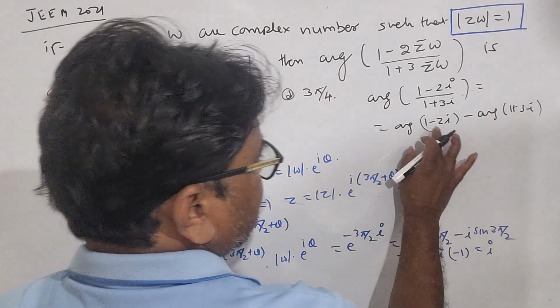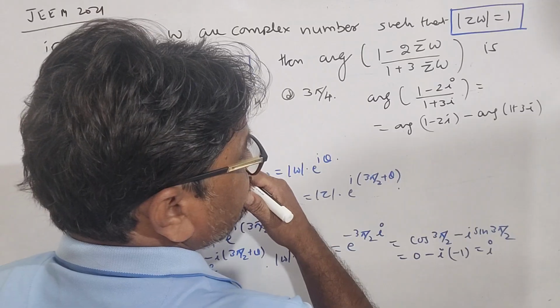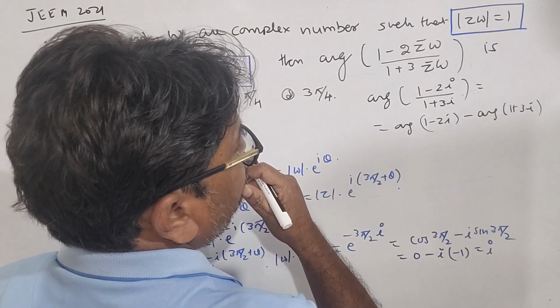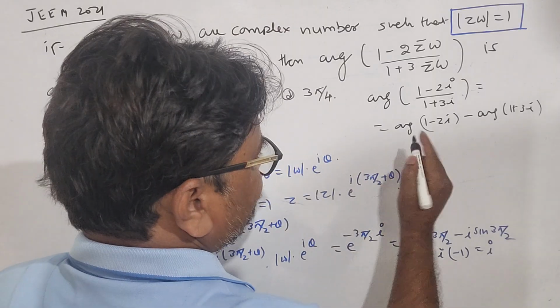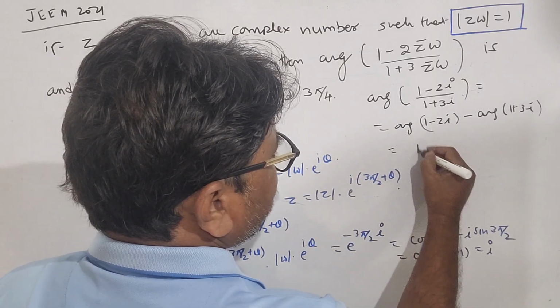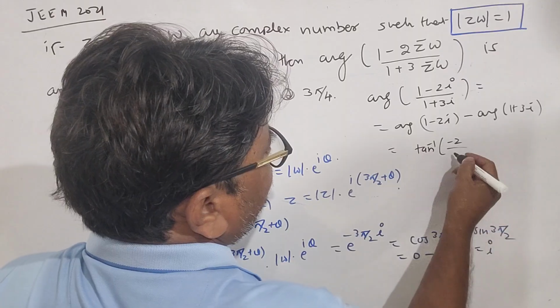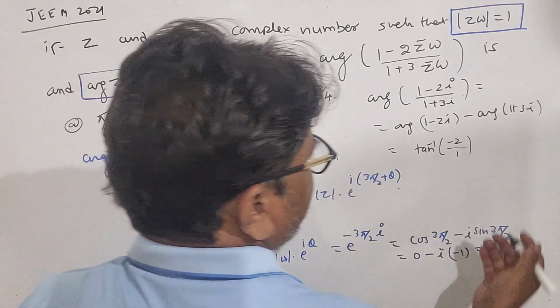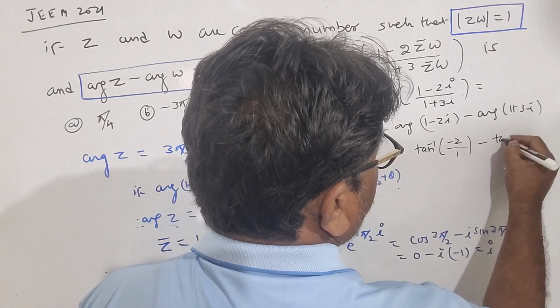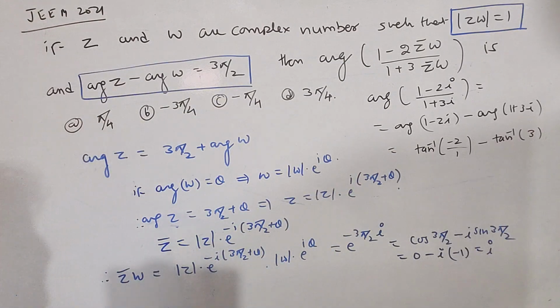So for 1 minus 2 iota, I can write tan inverse of minus 2 upon 1, and the other is minus tan inverse of 3.